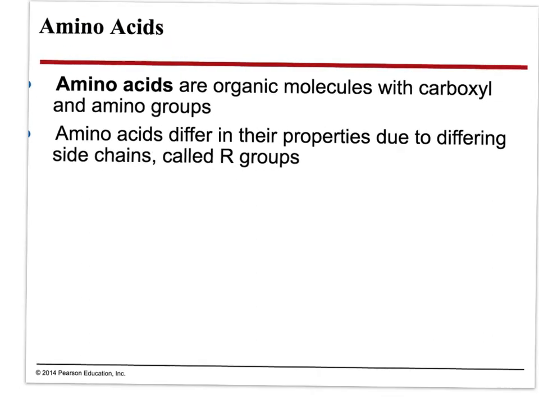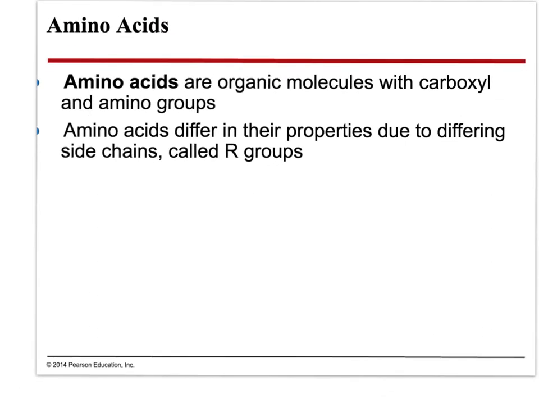So, I did mention that proteins are composed of amino acids. Okay? There are 20 naturally occurring different amino acids, all of which have the same basic structure. They have a carboxyl group and an amino group.